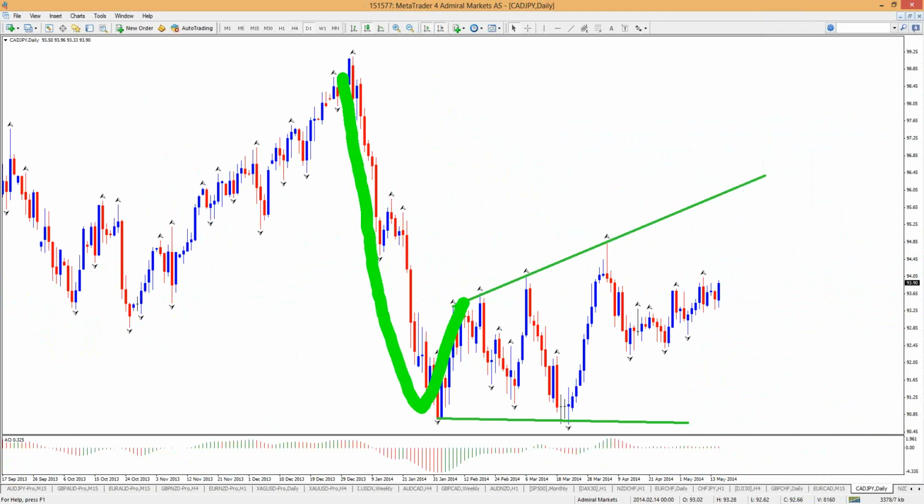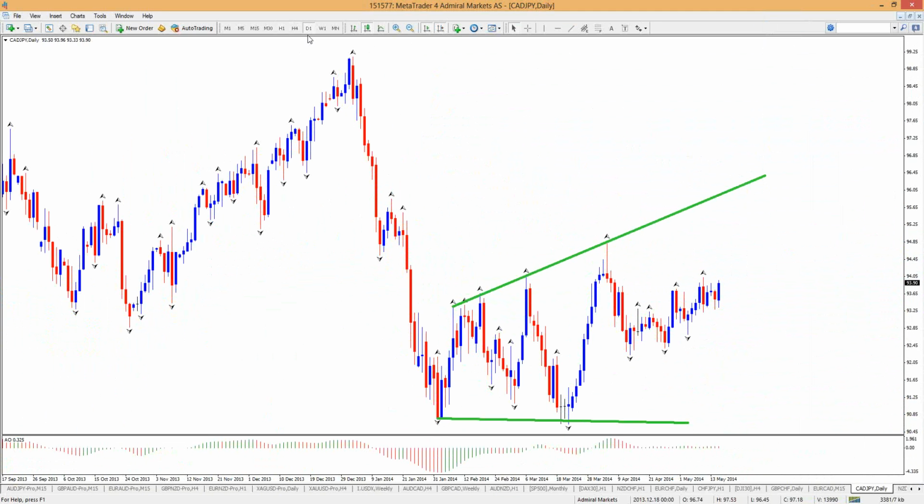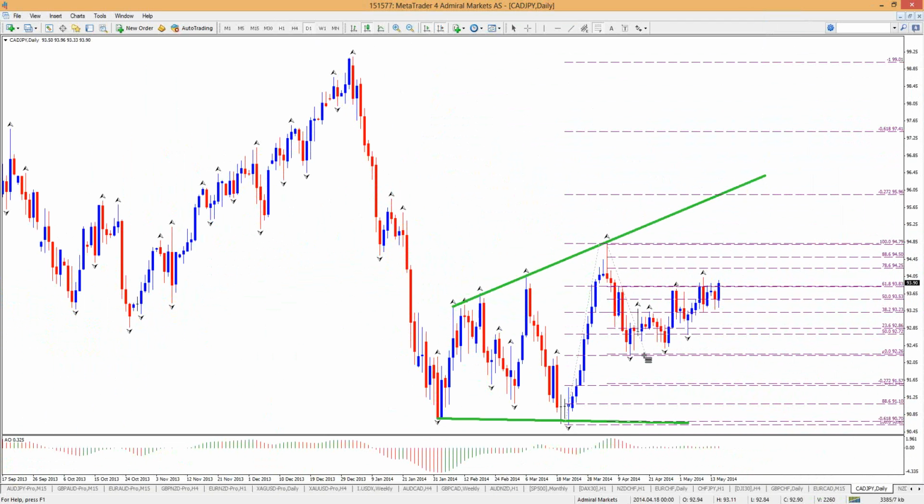Obviously, this is a big fall, big volatility here, and now kind of slow volatility. In a way, we could put fibs, I would say, on both sides. This is a 61.8 fib bounce, but also here to downside, potentially.